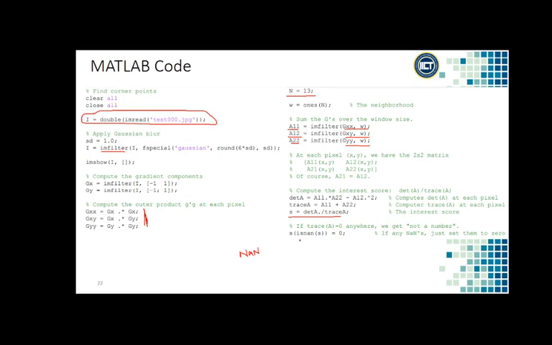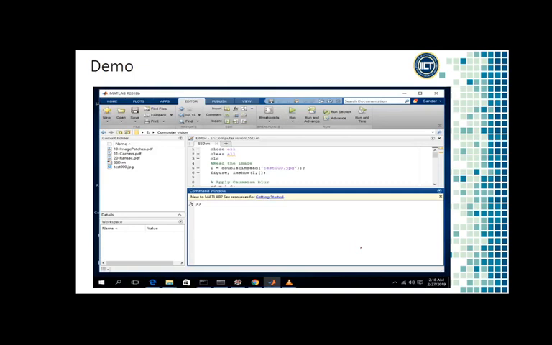When we perform further operations, this NaN will create some problems. So with this command we search the index values where the values are actually NaN, and we replace them with zeros. So there is no problem in the computation. Let's run this code and see what happens.